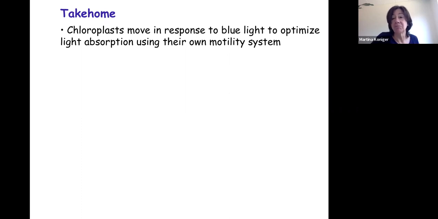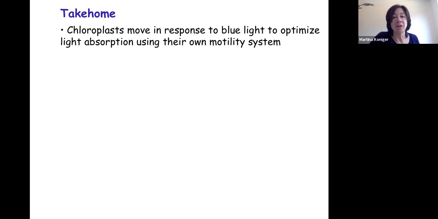So overall, what we know now is that the chloroplasts, these organelles that are so important for photosynthesis, move in response to blue light. If there's too little light, they move into the light. If there is too much, they move out.